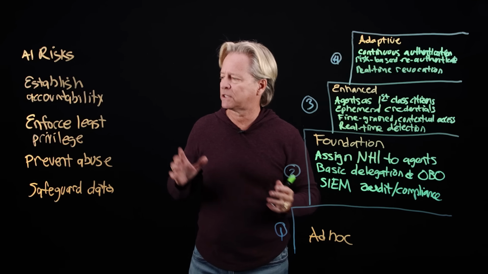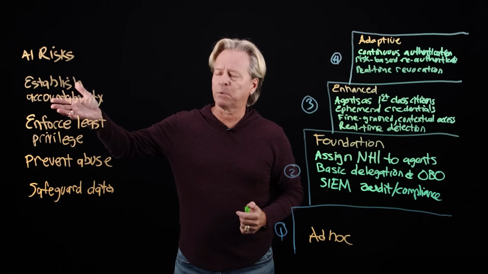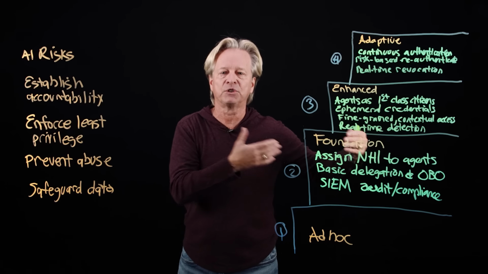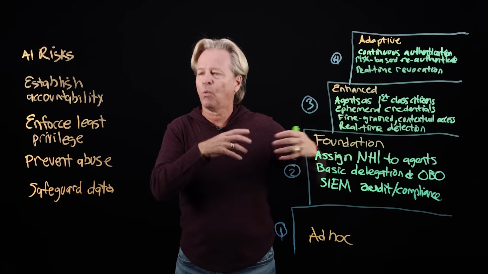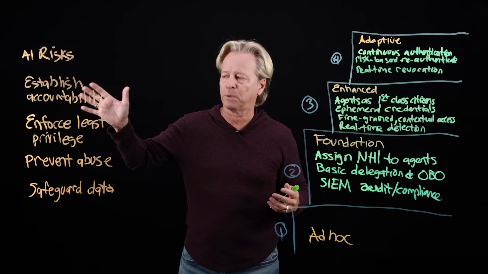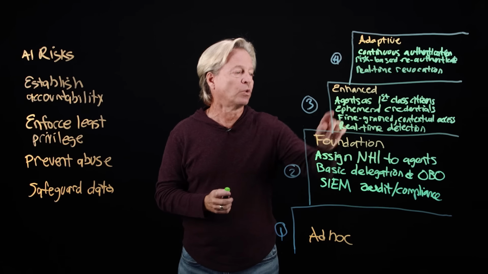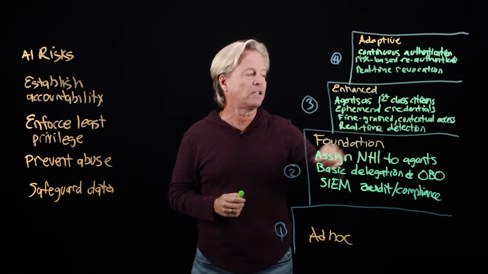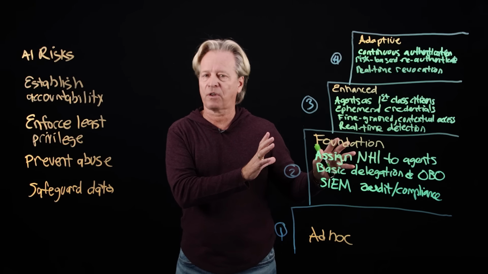And by doing all this, if we go back to the risk, now we can establish accountability because we know who the agents are. We know when we establish the credential. We keep that very short-lived. We have tracking and auditing. We know everything going on. So we can really establish accountability. Well, the enforcement of least privilege, that's really when we get into these fine-grained contextual access controls. That's really: the agent can only do what the agent is allowed to do.